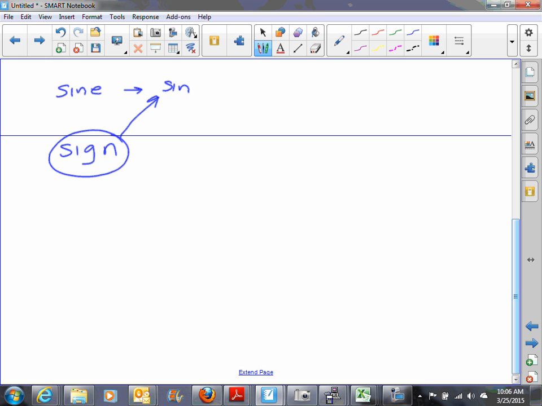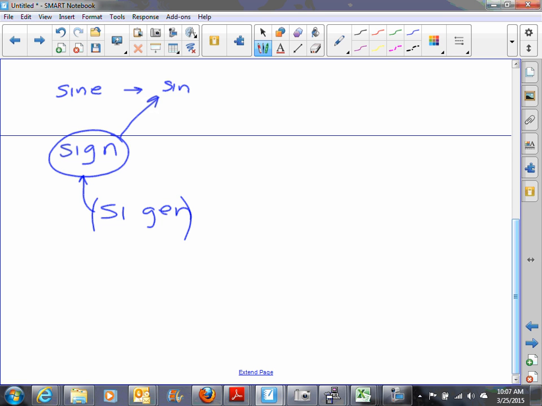And so what I'm going to try to do is pronounce this one as Sigyn. So when I mean the positive or negative sign, I'm going to say the Sigyn of this so that we don't get confused between sines and signs.